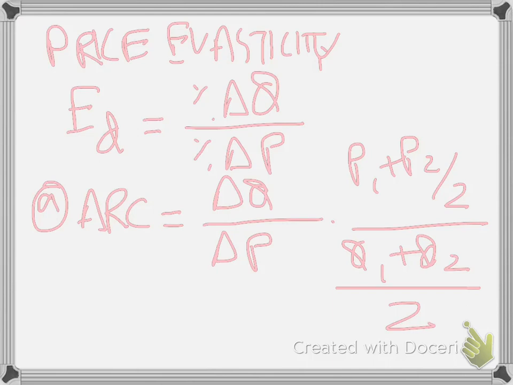You can obviously simplify that by eliminating the 2's in the numerator and the denominator, and you can get a more compact arc elasticity measurement. The book talks about that in greater detail.